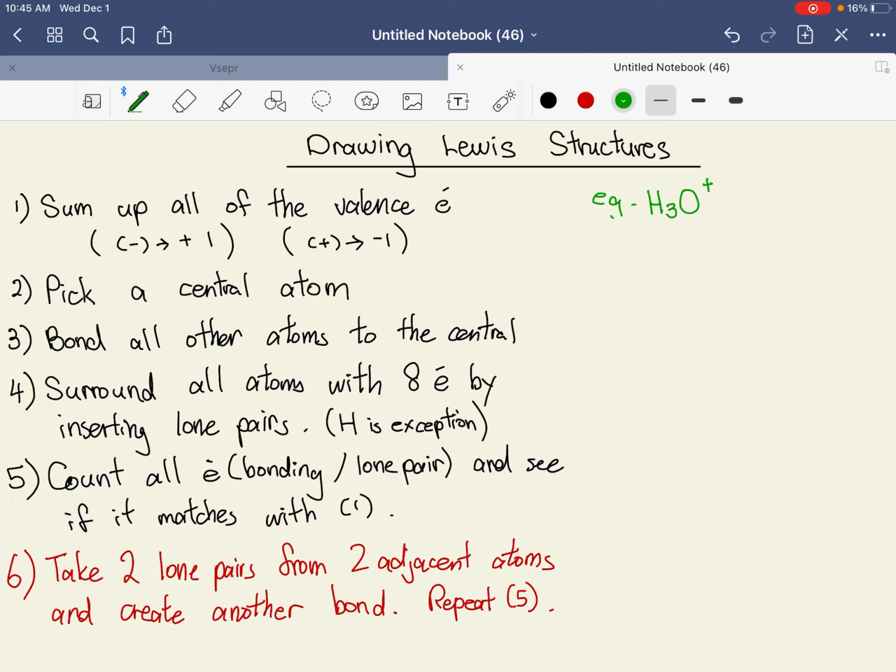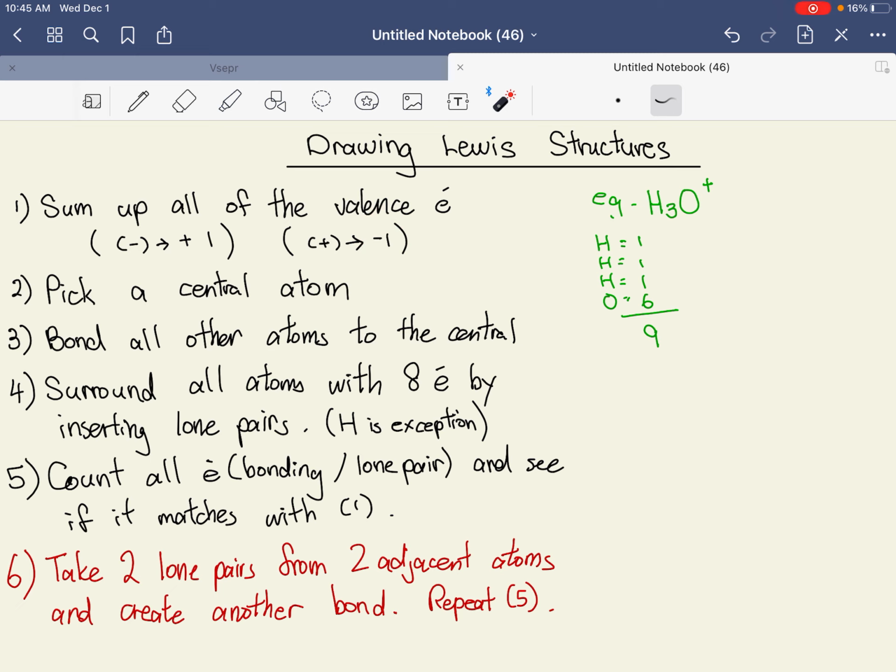All right, let's sum up those valence electrons. So I have 3 H's, I have an O, so this will be 1, 1, 1, 6. So my number is 9, right? No, this guy has a charge of +1. So what do? For every positive charge, I will have to subtract 1.